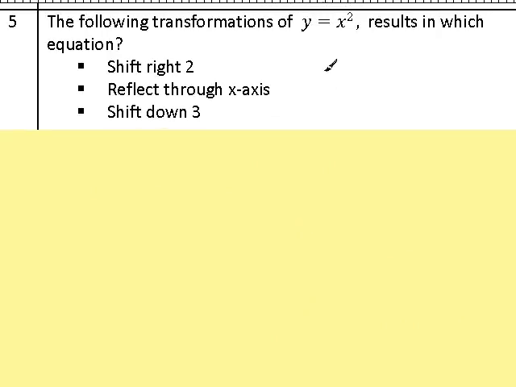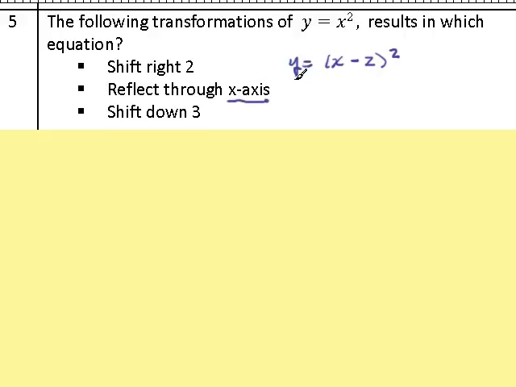The following transformations of y equals x squared results in which equation? First, we want to shift right 2, so we're going to replace x with x minus 2. So we have y is equal to x minus 2 squared. Next, we're going to reflect through the x-axis.